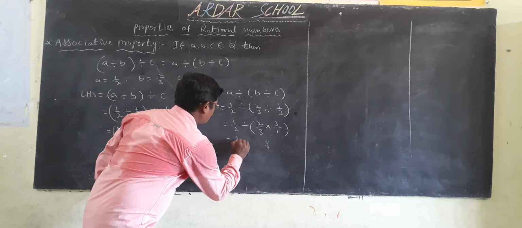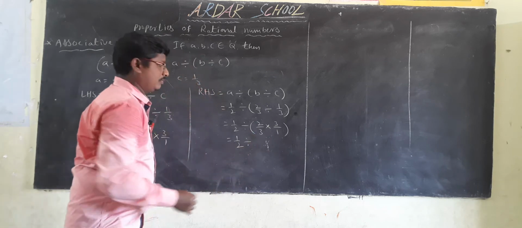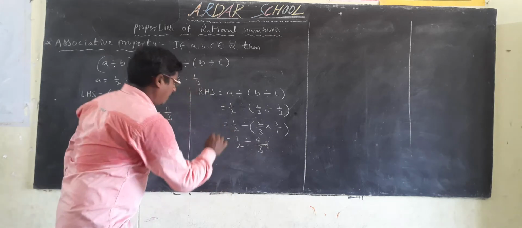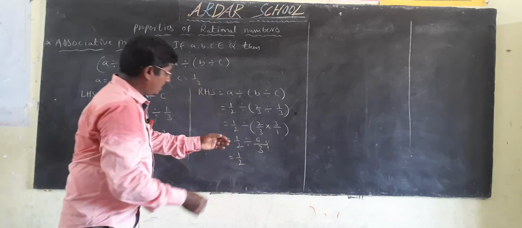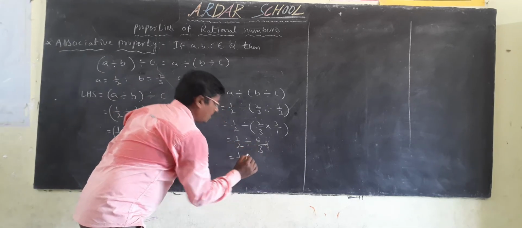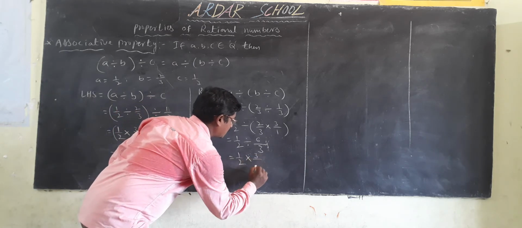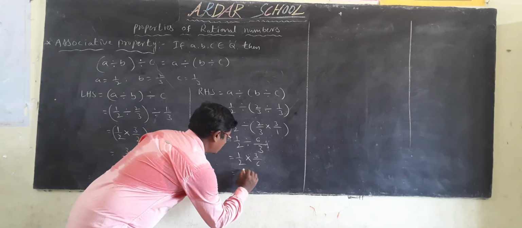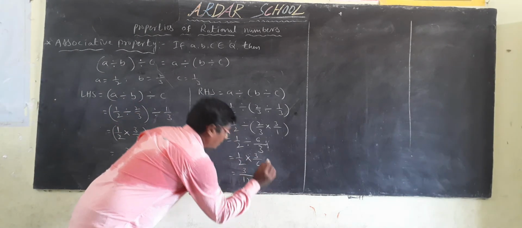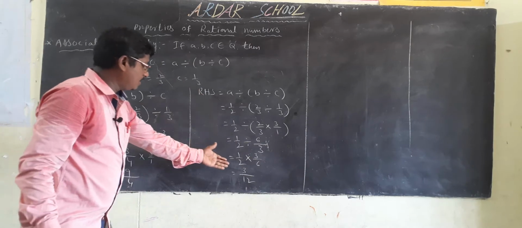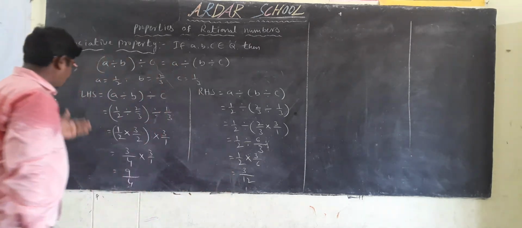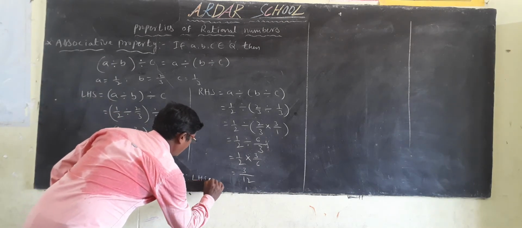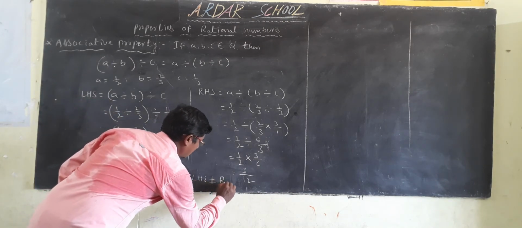Okay. So 1 by 2 is divided by, here 2 3s are 6, by 3 1s are 3. Again 1 by 2, the division symbol is converted into multiplication, with the reciprocal of 6 by 3, which is 3 by 6. That is 1 3 is 3, 2 6s are 12. Here RHS is 3 by 4, LHS is 9 by 4. Therefore, LHS is not equal to RHS.